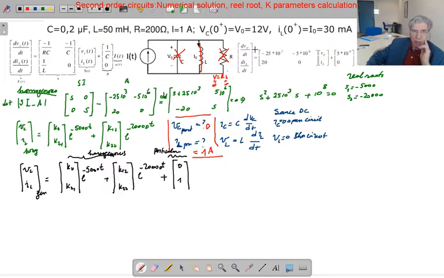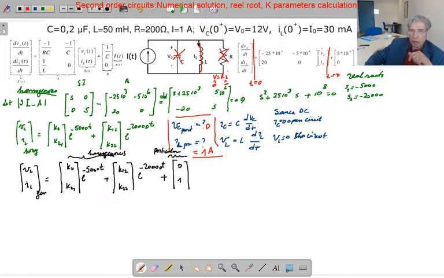In here, if you replace t with 0, let me do it in red, maybe it will be better. When t is equal to 0, this becomes derivatives at t equals 0 values.